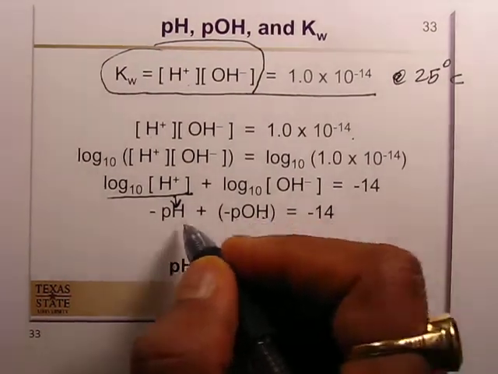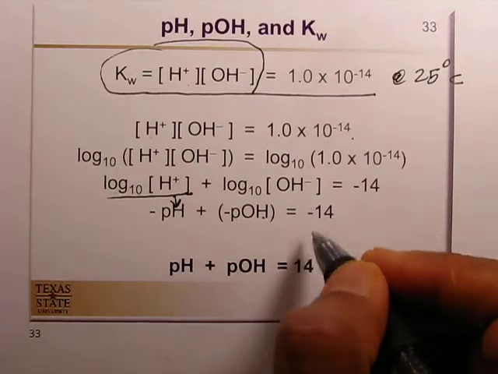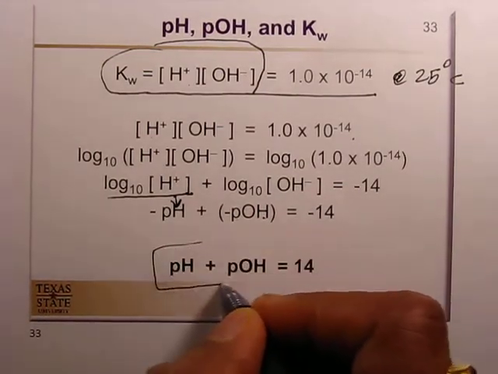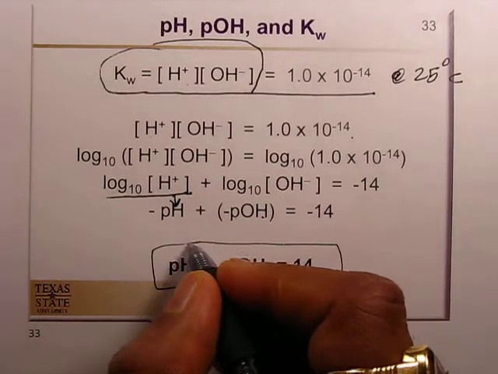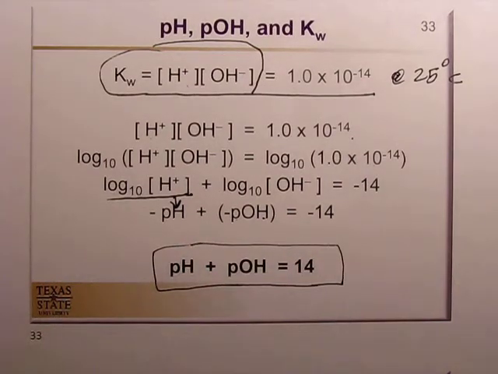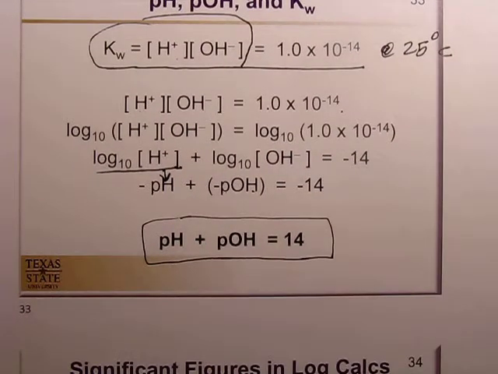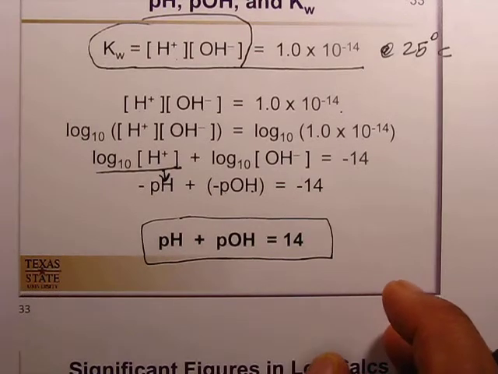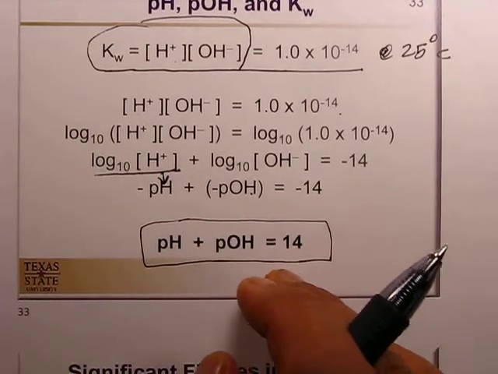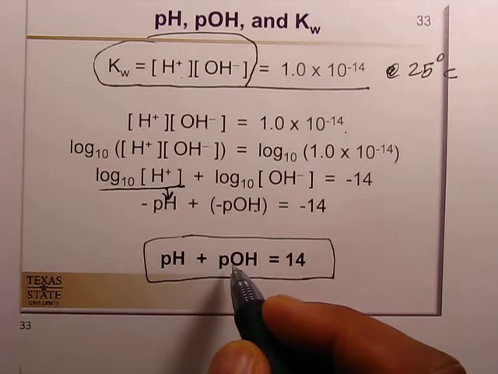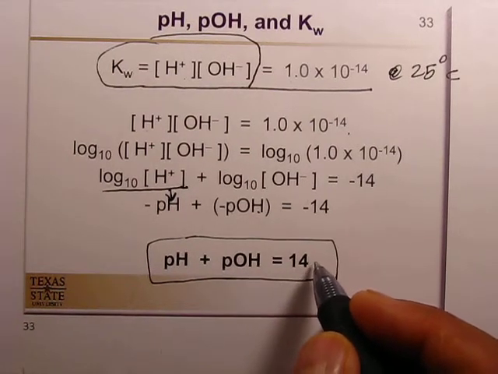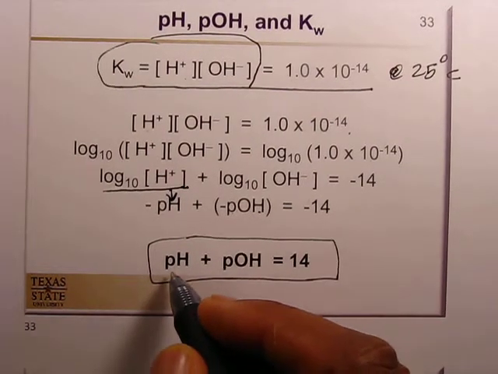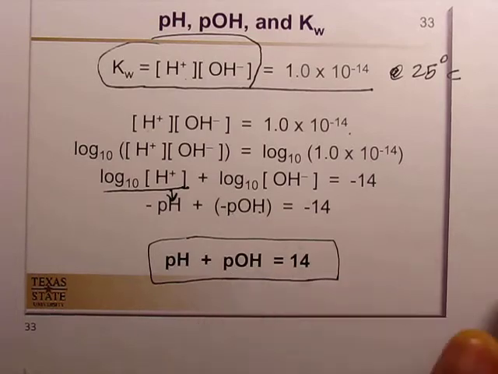Once we take negative everywhere, this will become positive. So we can also write that pH plus pOH is equal to 14. So this is another way to calculate the pH. If we know the pOH, we can subtract from 14, and if we know the pH, we can subtract from 14 to get the pOH.